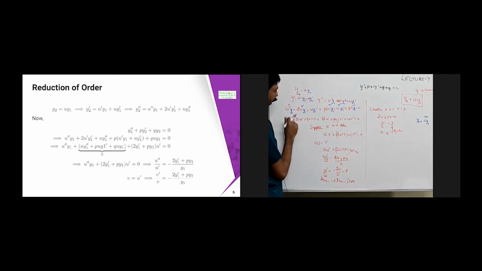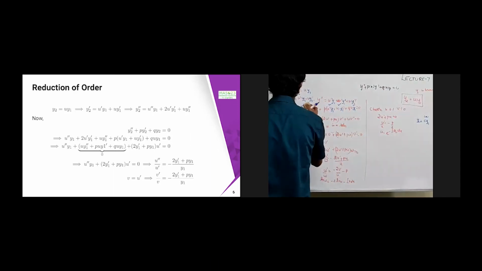Now substitute over here. What you can do is that you have u double dash y1 and so on. Now you are going to collect the y1 double dash term, but here we are going to do it a little differently. We are not going to collect this way.